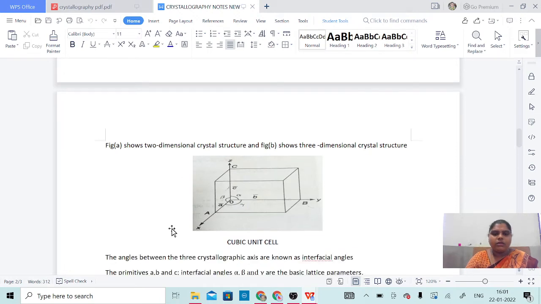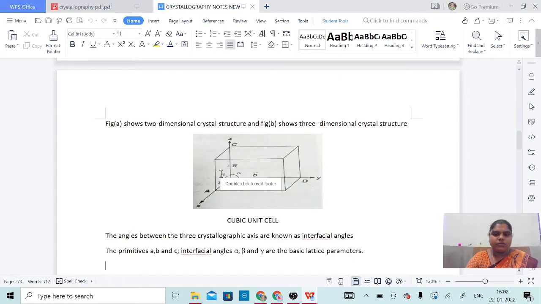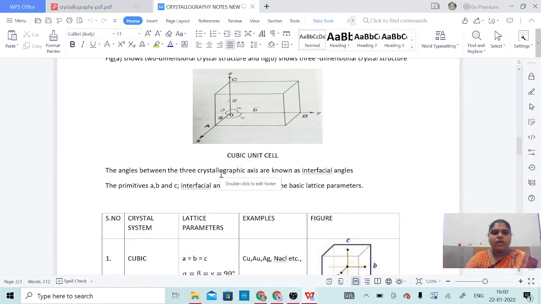The previous figure shows a two-dimensional crystal structure and figure B shows a three-dimensional crystal structure, which is the cubic unit cell. The angles between the three crystallographic axes are known as interfacial angles.